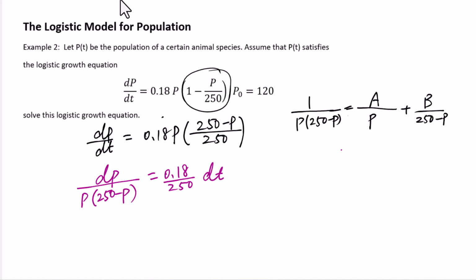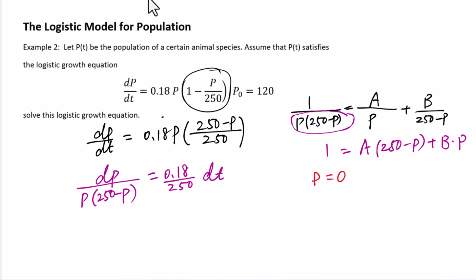Get rid of the denominators. We get 1 equals A times (250 minus P) plus B times P. When P equals 0, 1 equals A times 250, so A equals 1 over 250.